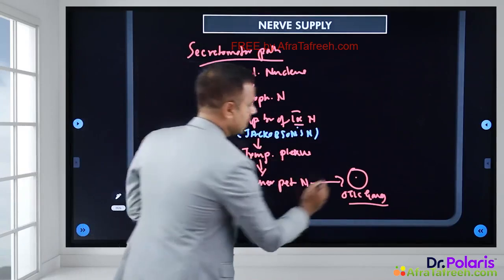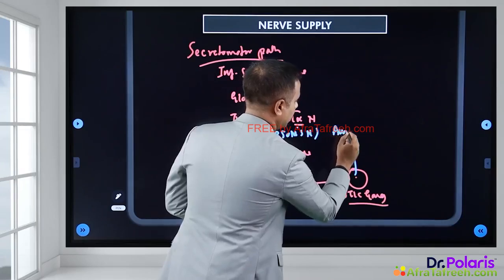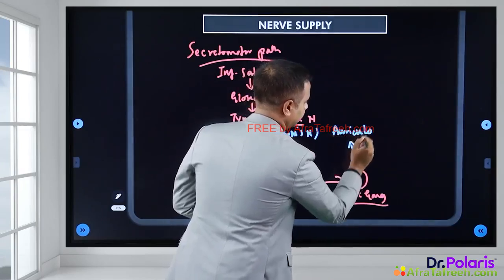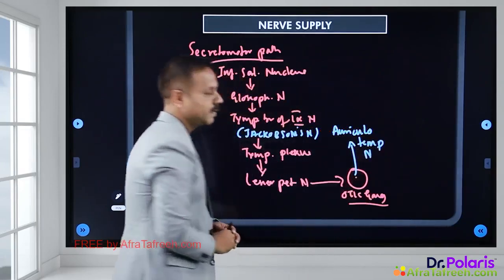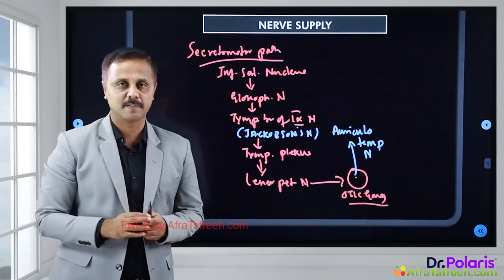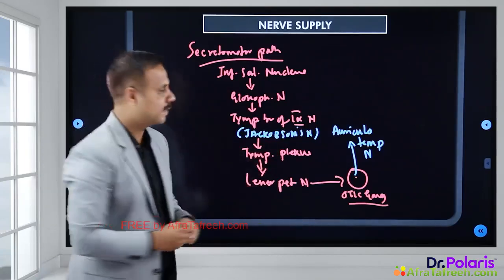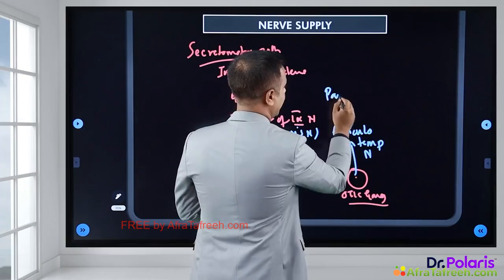From the otic ganglion, we have the auriculotemporal nerve. The fibers will pass through the auriculotemporal nerve, which is a branch from the posterior division of the mandibular nerve. The auriculotemporal nerve will ultimately supply secretomotor fibers to the parotid gland.